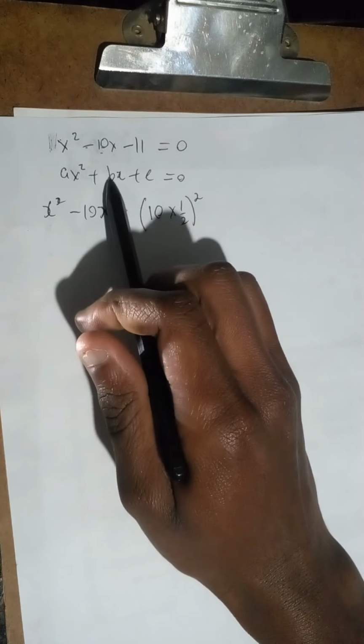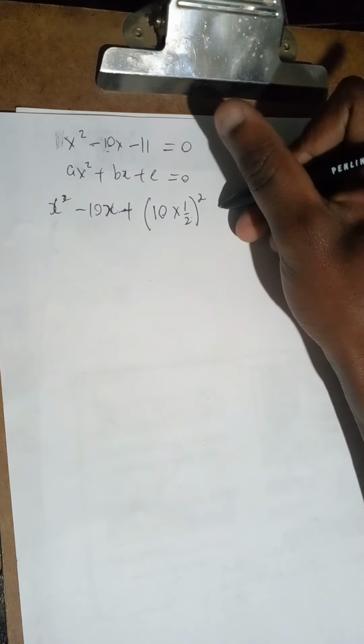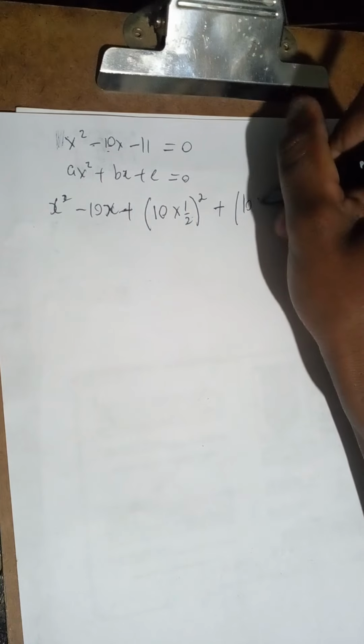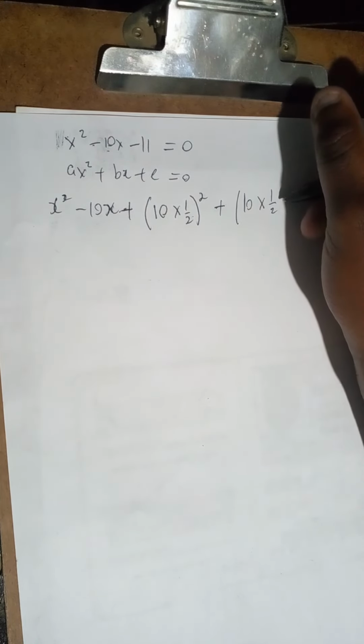So plus 10 times 1 over 2 squared, and because here you were adding it, here you are going to subtract it, minus 10 times 1 over 2 squared, and then minus 11, that is already here.